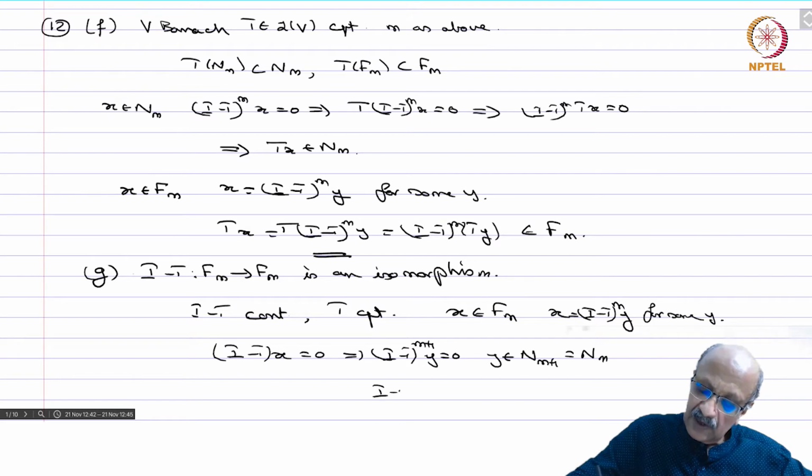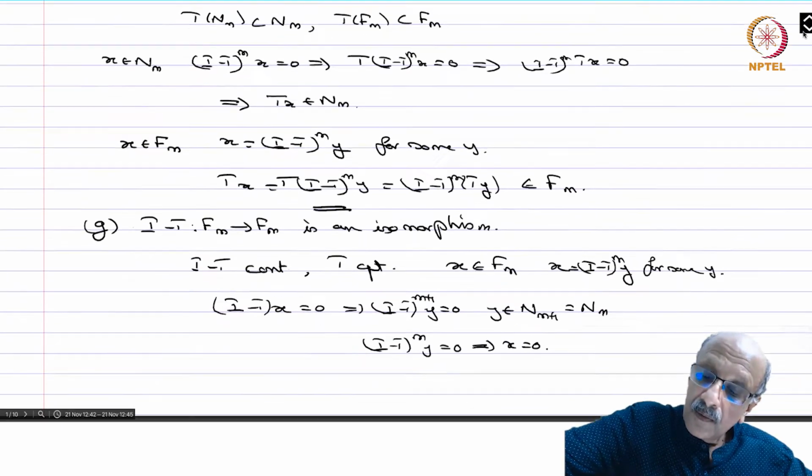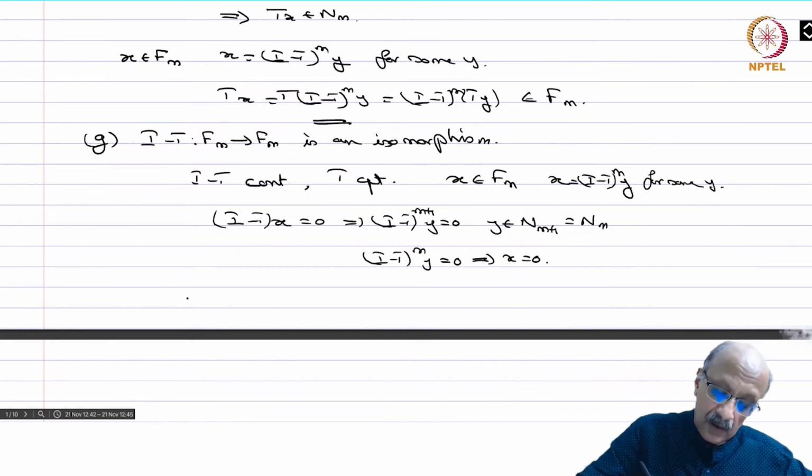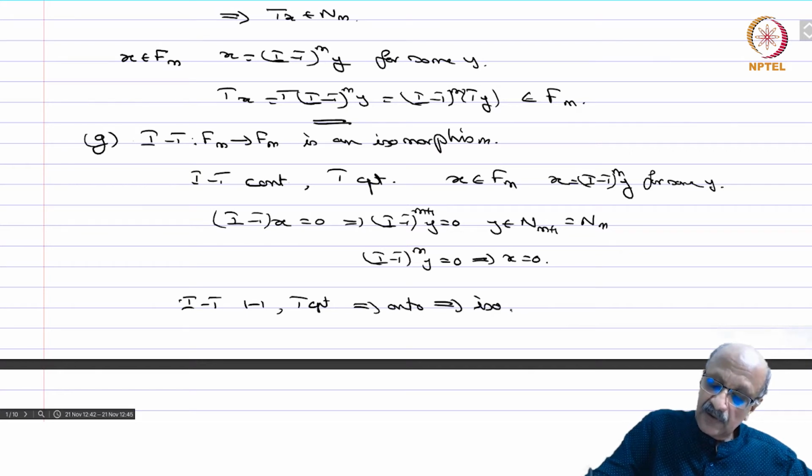So (I minus T)^M y equal to 0 implies x equal to 0. Okay, so I minus T is 1-1, T compact, so this implies onto, and by the open mapping theorem this implies it is an isomorphism.